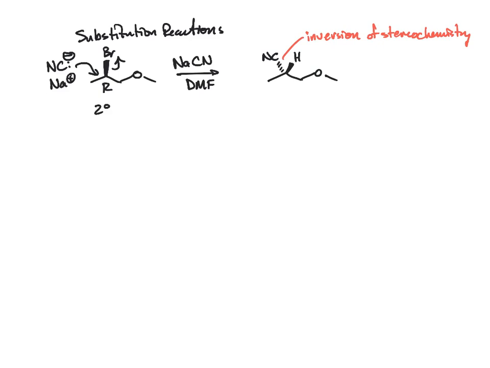I think it's R. So this is your lowest priority group, right? So when you go out, you hit carbon, carbon, carbon. So those are all equal. These are all hydrogens.